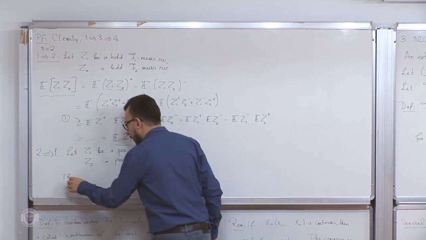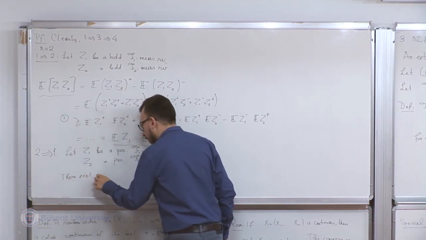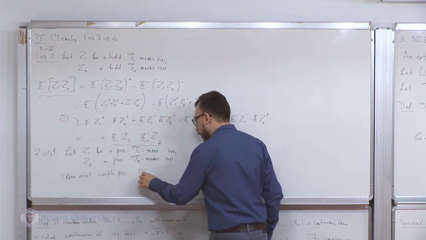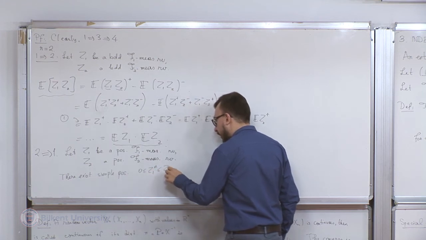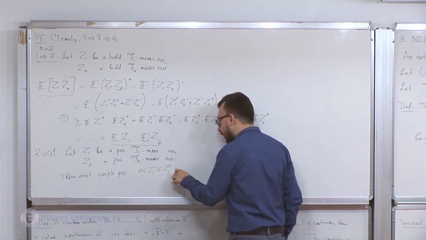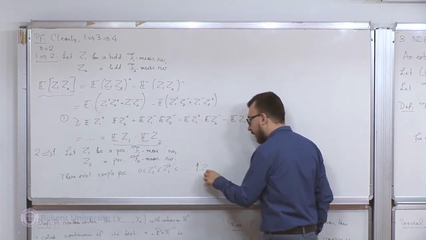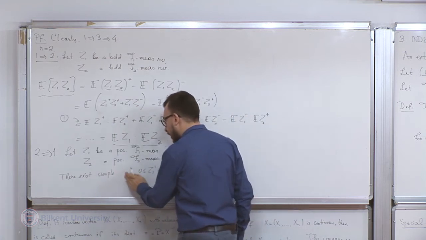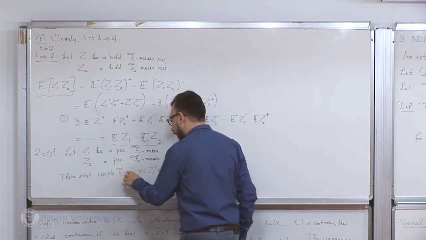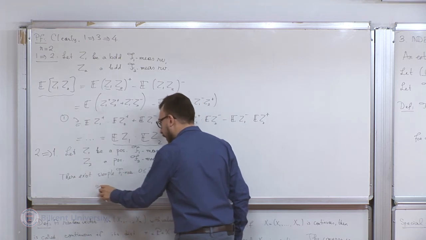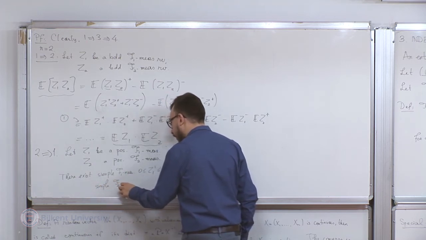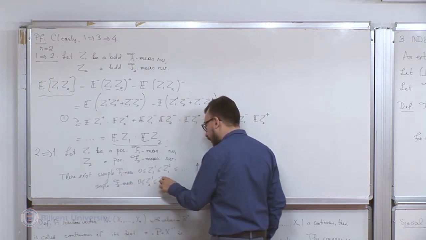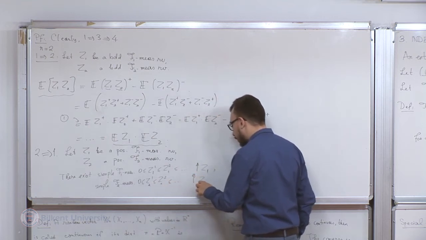So there exist simple positive Z11, Z12, etc., converging to Z1. And let me say simple F1 measurable. And there exists simple F2 measurable Z21, Z22, converging to Z2.